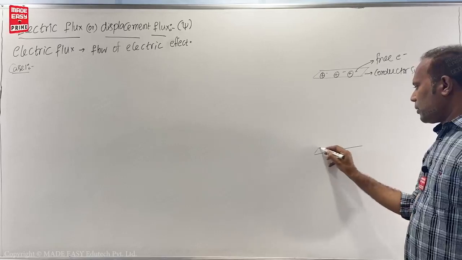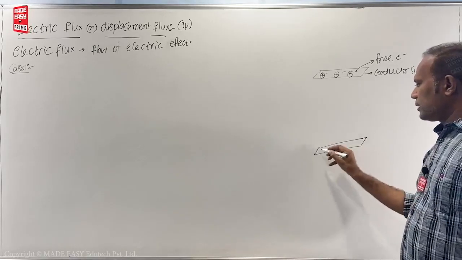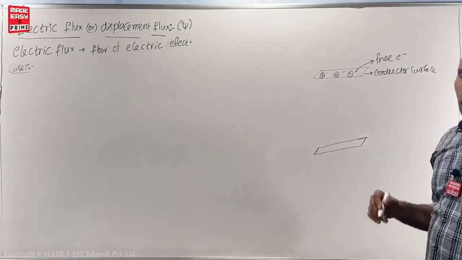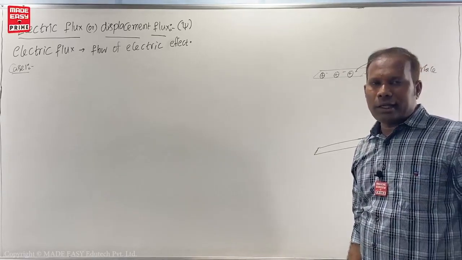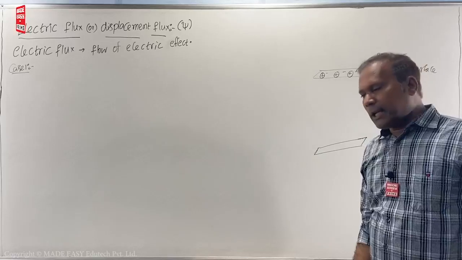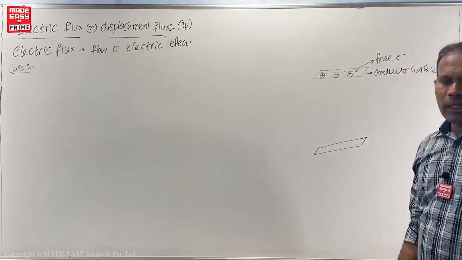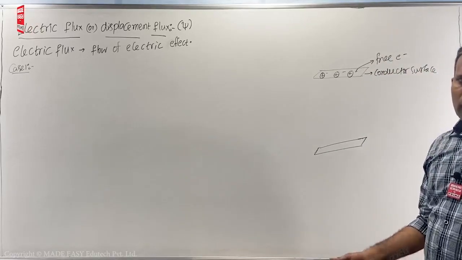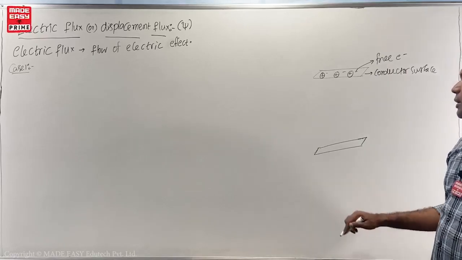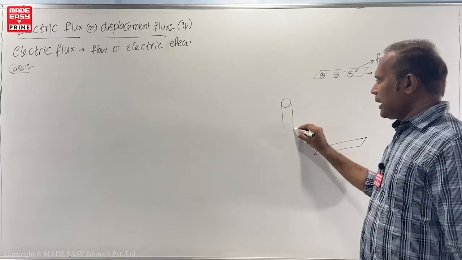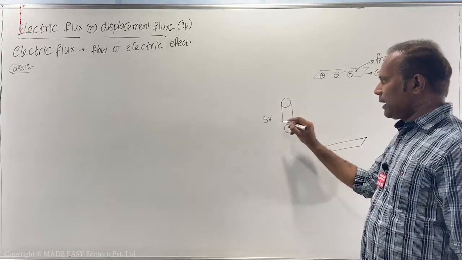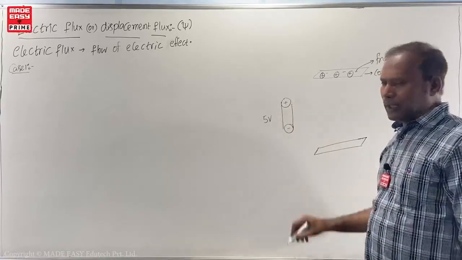Now here I am taking one more conductor surface. And I already told you regarding ground: you take one wire and connect it to the ground. Then if extra electrons are required, it can give. If no electrons are required, it will not give. Now let us take one battery, let us say a 5 volt battery, with a positive terminal and a negative terminal.